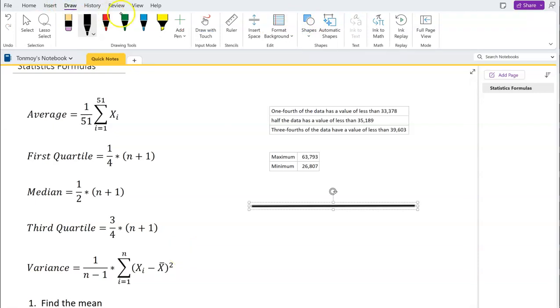And then I will say that the minimum value is going to be 26,807. And the maximum value that I have is 63,793. Now from here, I know that 1/4 of the data has a value of 33, and I will draw a box here to 39.